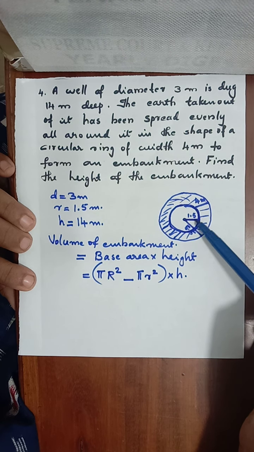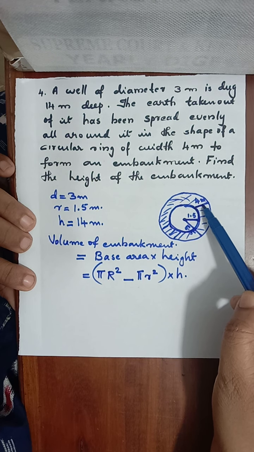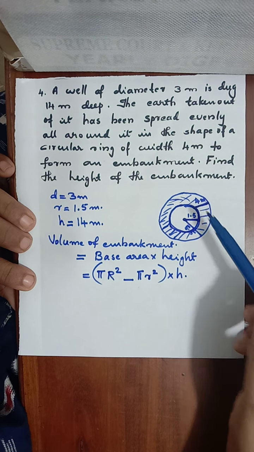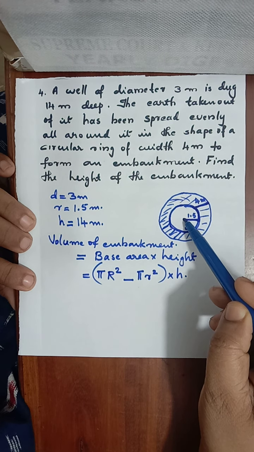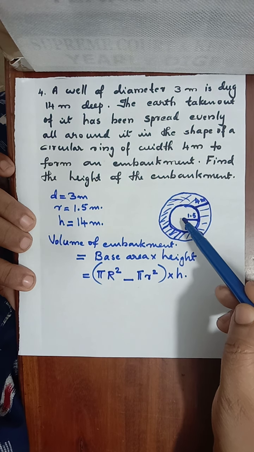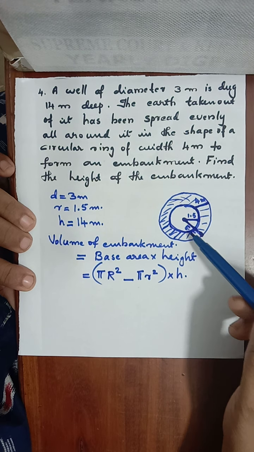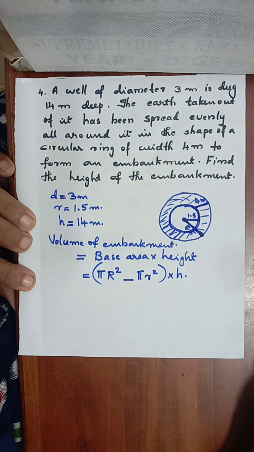Then this embankment has a width of 4 meter, so I add that 4 to 1.5, and this will be the outer radius. From the center point to the outside point it will be 5.5, since 1.5 plus 4 is 5.5.